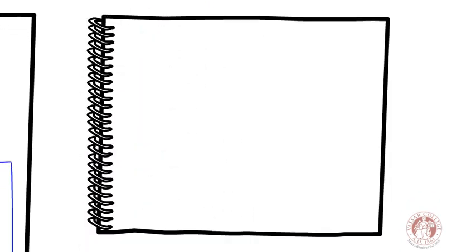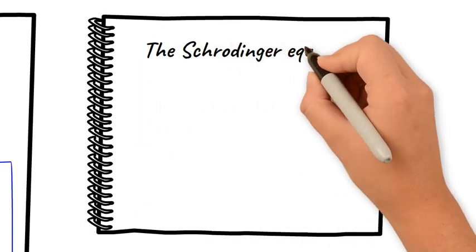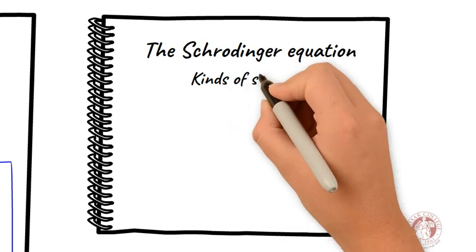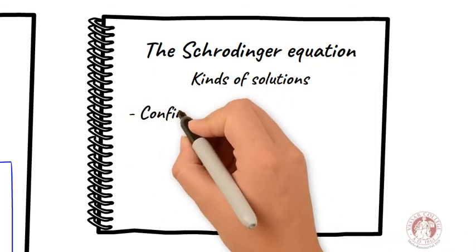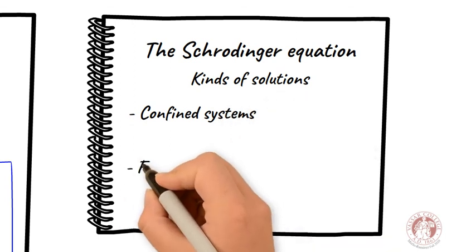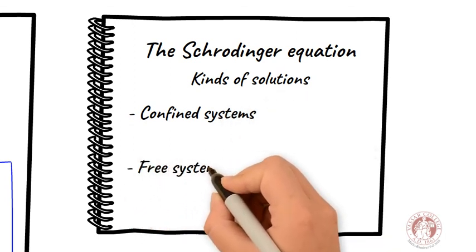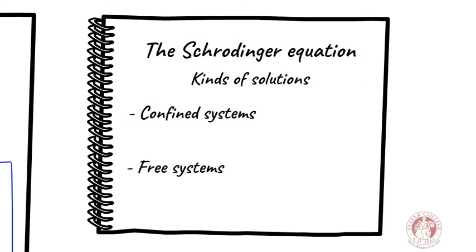To finish the analysis of the Schrödinger's equation, we discuss the two kinds of quantum systems that usually can be found. These are the confined and free systems. The difference between these systems is the kind of potential at which the quantum system is subject to.